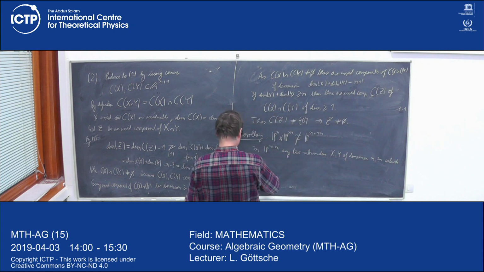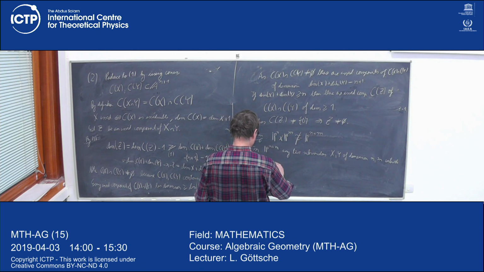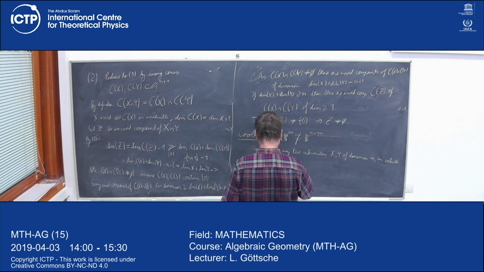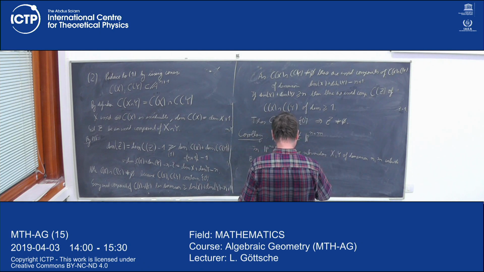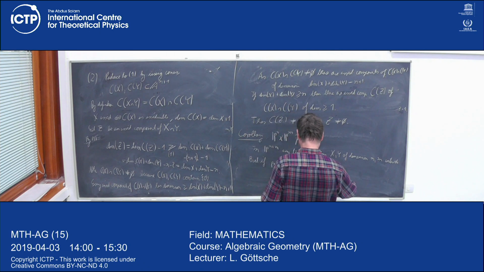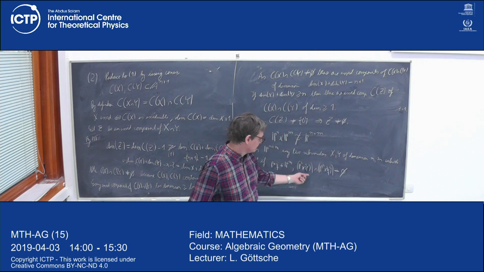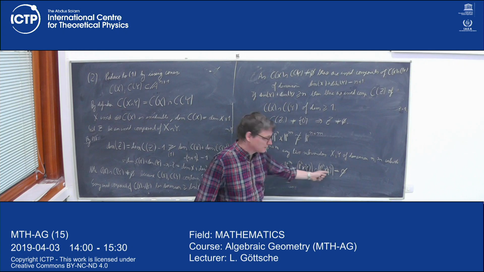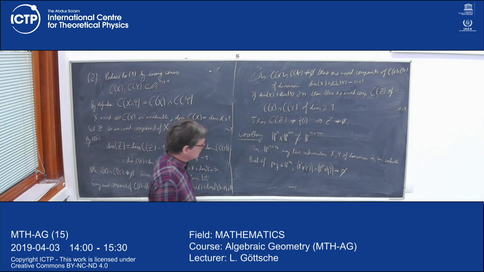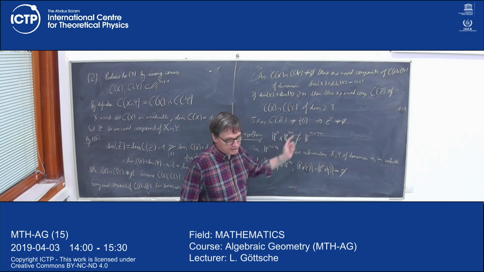But if P and Q are two different points in, say, Pm, then obviously Pn times P intersected Pn times Q is the empty set, because intersection means that all the coordinates should be equal, and P is different from Q. So we see that the product of projective spaces cannot be isomorphic to a bigger projective space, although we know that they are birational to each other.